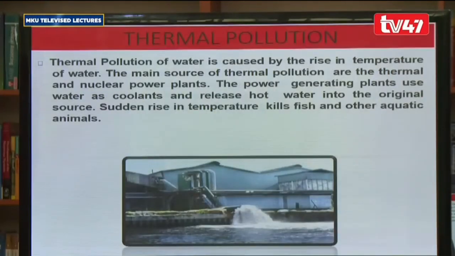Then thermal pollution, as I said, results from increased temperature of water. This can be caused by introducing, for example, a radiological pollutant, which has a resultant effect on the temperature of the water source and has an effect on the ecosystem.